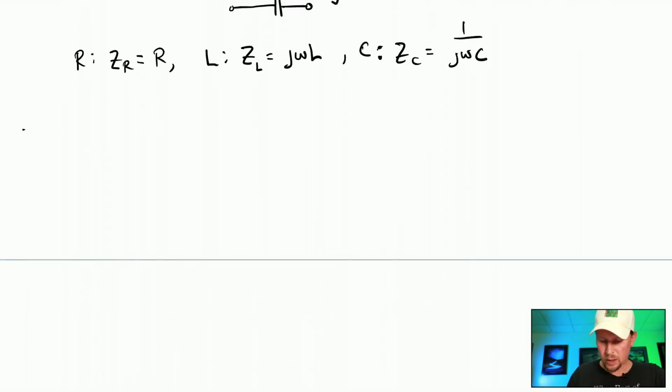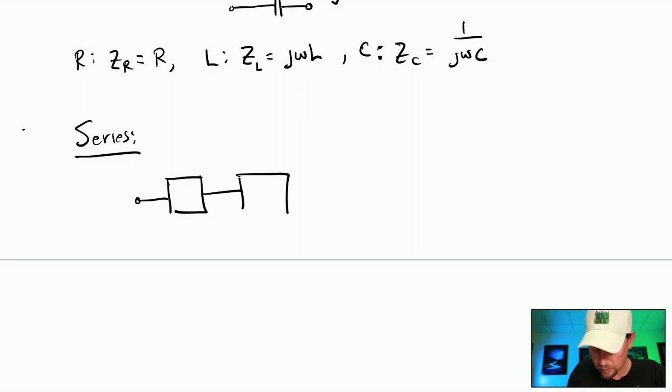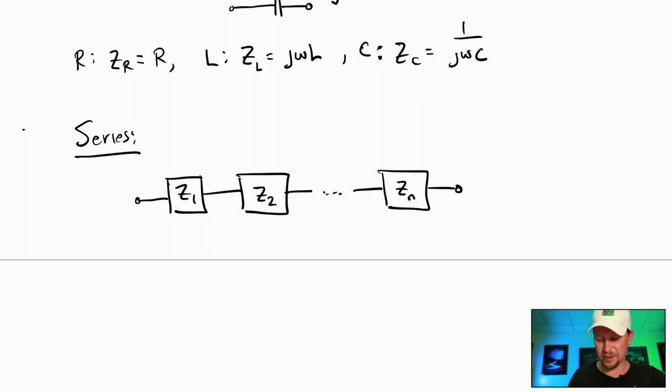Right? So let's talk about series impedances. Consider a network of impedances, and again, these could be capacitors, inductors, or resistors. The only thing that's important here is that they all be connected such that the current flowing through all of them is constant.